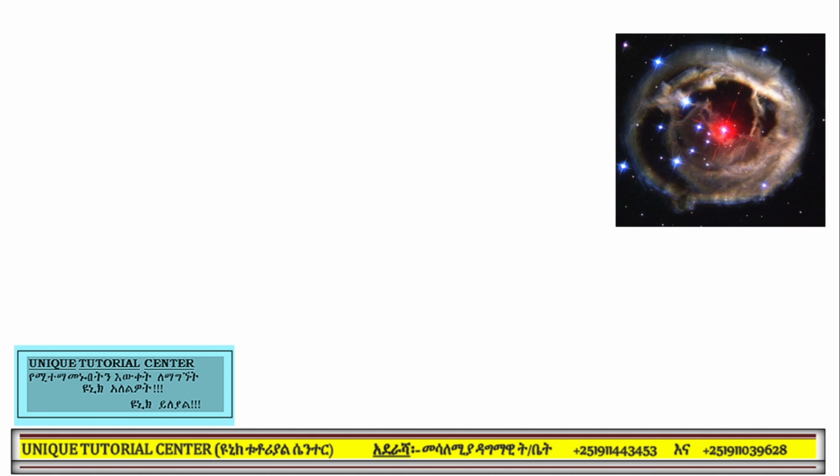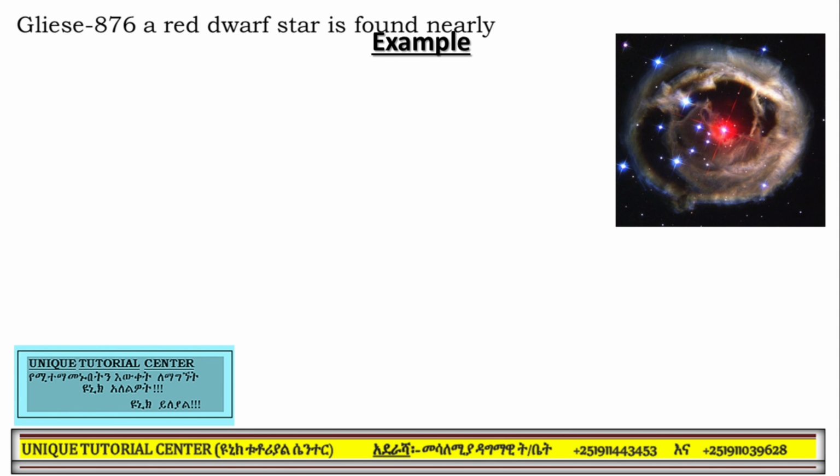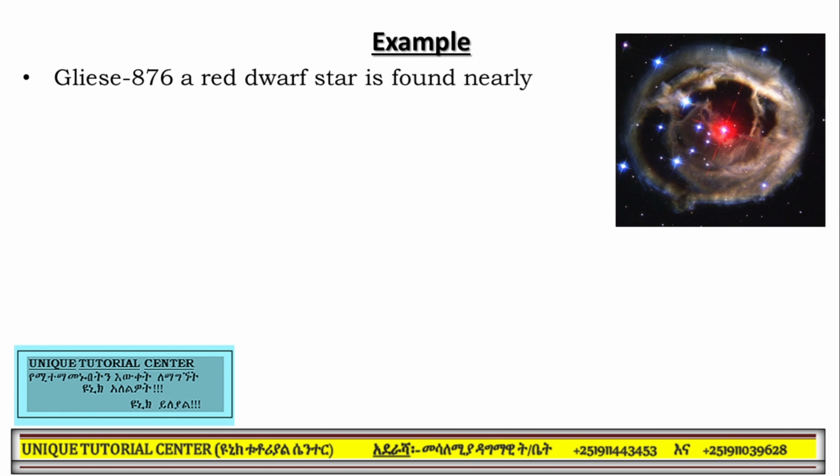Now let's try to solve one example based on astronomical distance. The example is, there is a so-called Gliese 876, a red dwarf star, which is found nearly 1.42 times 10 to the power of 14 kilometers away from our solar system.